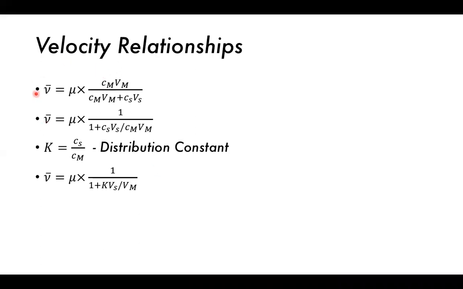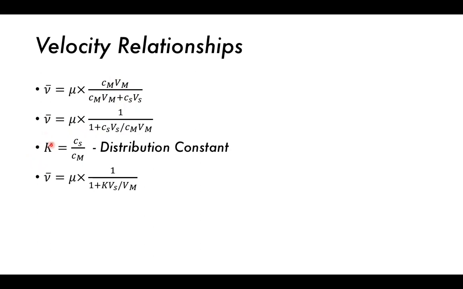So we have this form now where the velocity is equal to mu, the velocity of the mobile phase, times this term, which takes into account how the solute moves through the mobile and stationary phases. This can then be rearranged to give us this form.